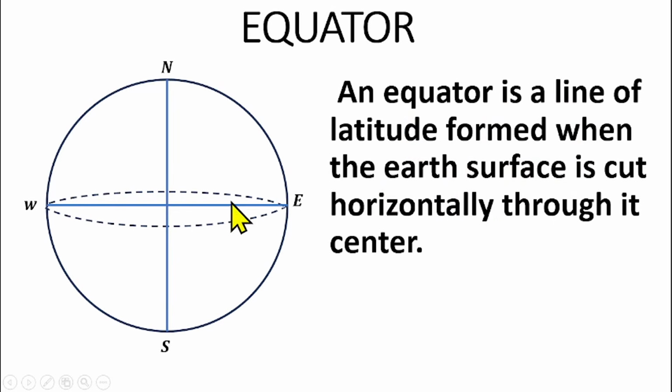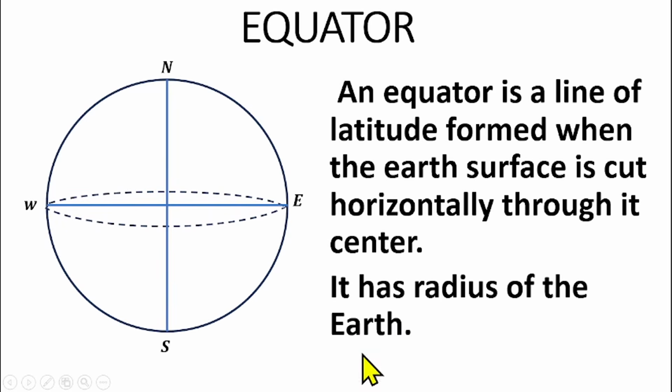So the first thing I want you to know is that it is a line of latitude, fine, but because it passes through the center of the Earth's surface, it is called an equator. Also, the equator has the radius of the Earth. Don't forget, the Earth is spherical, and a sphere has a radius.